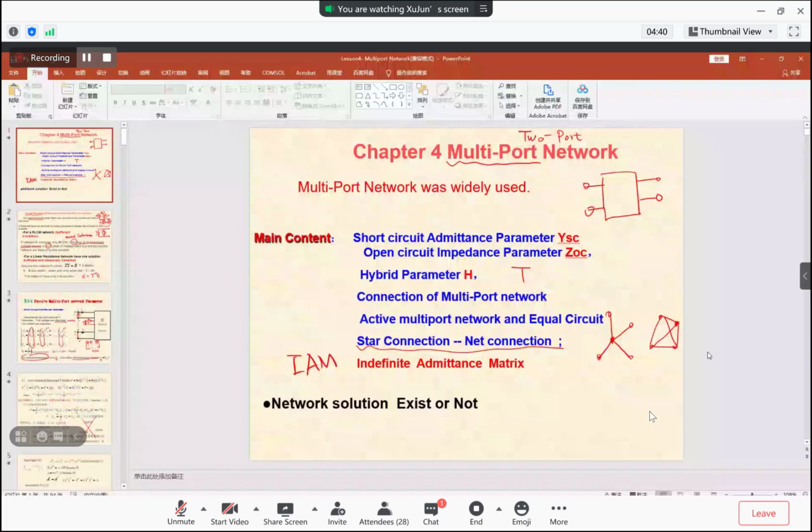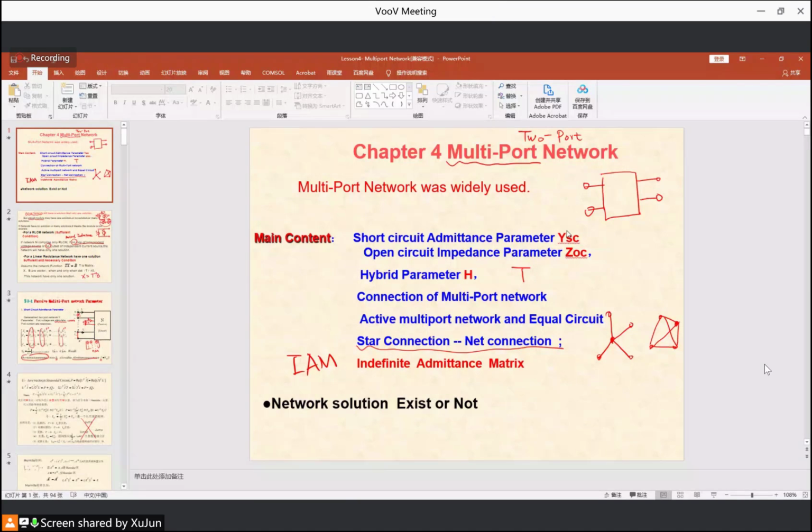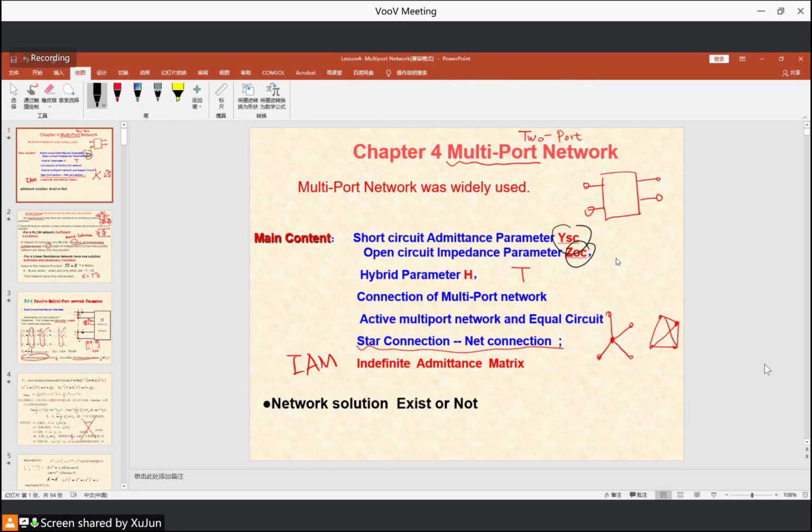I will repeat. We have introduced the multi-port network. We introduced YZHT parameter, similar to the two-port network. And we also introduced the connection of the multi-port network.